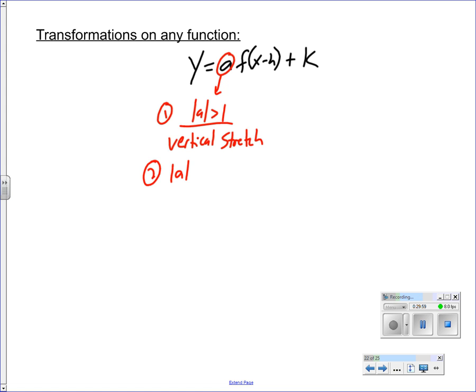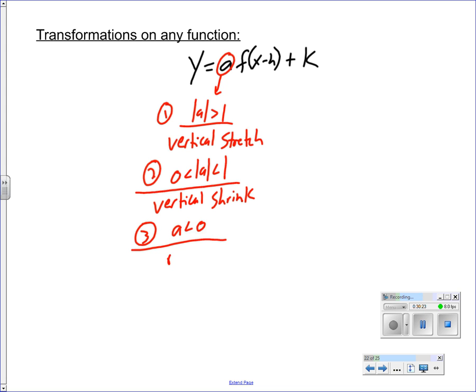If that absolute value is smaller than 1, or between 0 and 1, it's going to be vertical shrink. And if we have a negative out front, that's going to be a reflection over the x-axis.